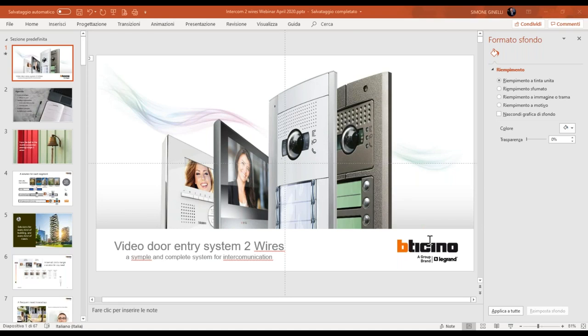And it's possible to communicate between apartments with a time limit for communication. Remember that the 2-wire has a single communication channel, so we set up a limit in time. It is 1 minute 30.